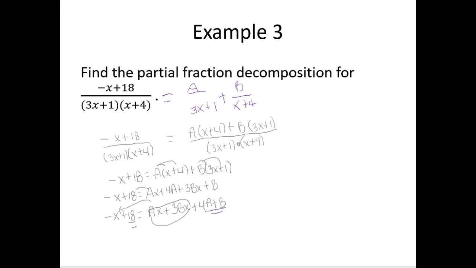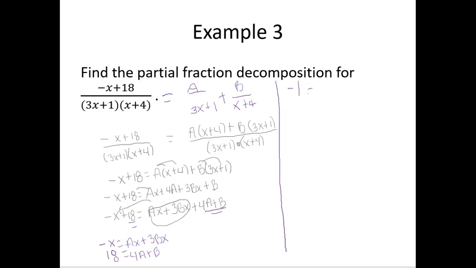So what that's going to give me is negative x is equal to ax plus 3bx and 18 is equal to 4a plus b. And since these are all the x terms, I can create a system of equations with just the coefficients.